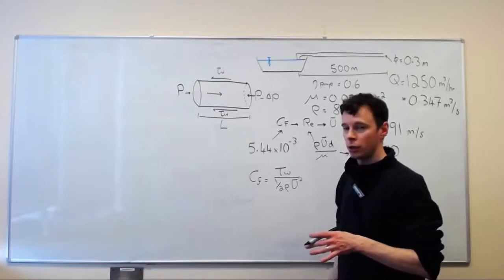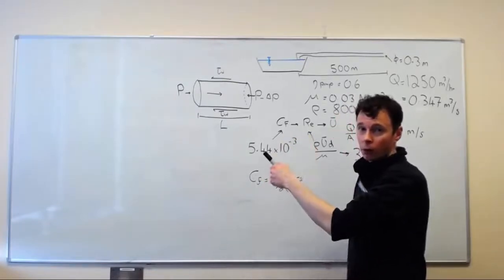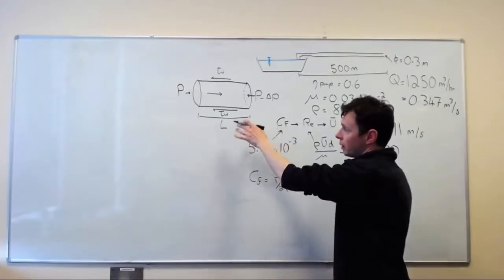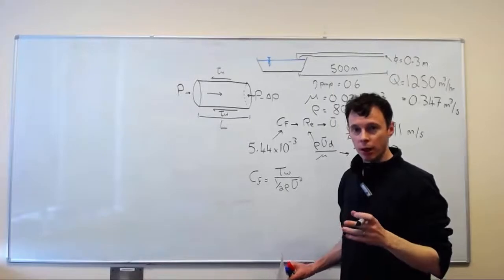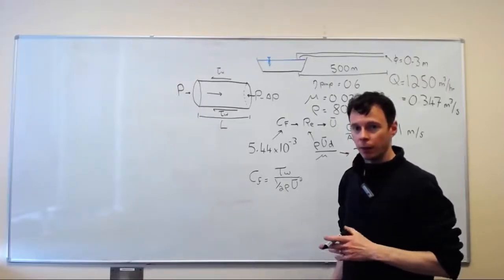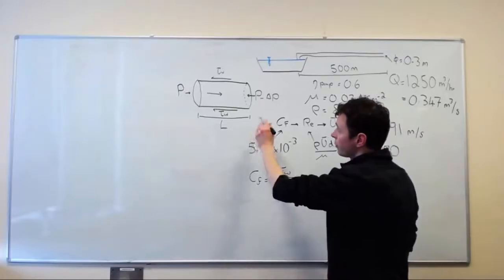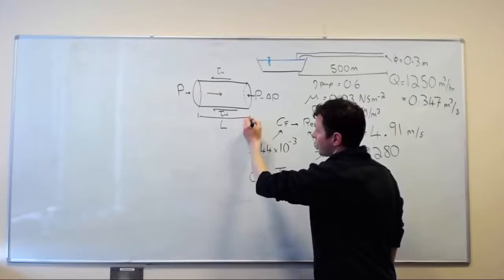I'd always urge you to do that, because that way you're doing the question and learning as you go. And by hopefully employing the right equations and arranging the variables so that they're dimensionally correct, it's good practice for the final exam.